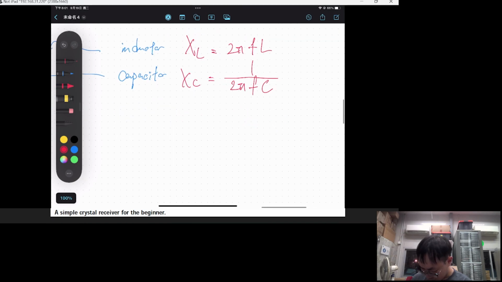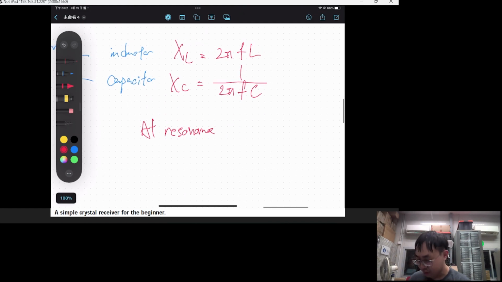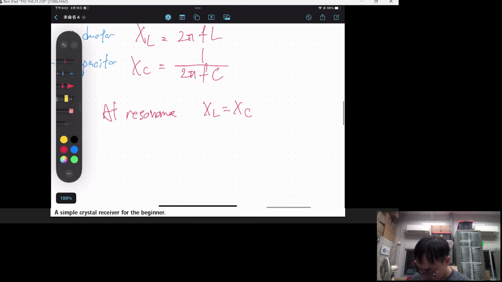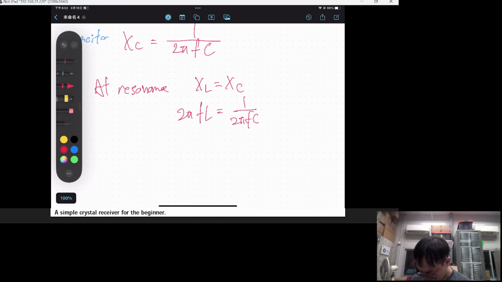So when you do the resonance, at resonance, XL equals XC. So that's why 2 pi FL equals 1 over 2 pi FC. And this is how you find the frequency if they ask you about resonance.